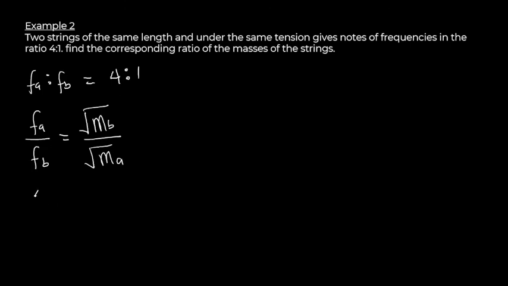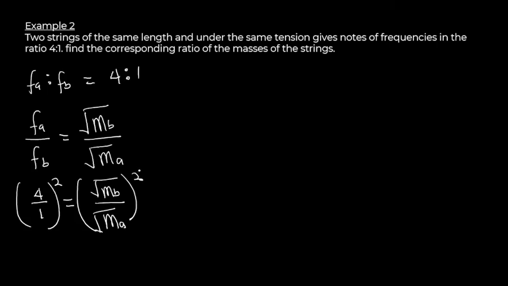So we have 4 over 1 as the ratio we've been given, that is the ratio of f of A to f of B, equal to the square root of Mb over Ma. To solve this, we need to get rid of the square root sign, so we square both sides.